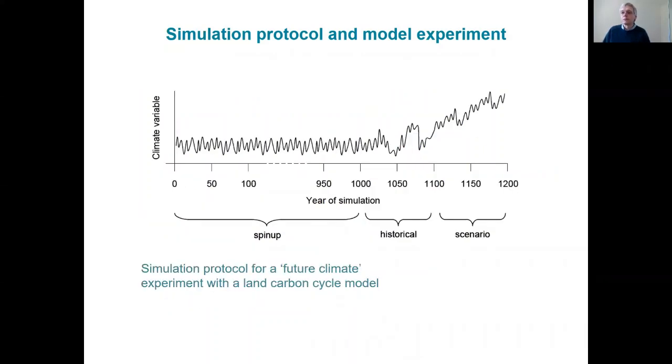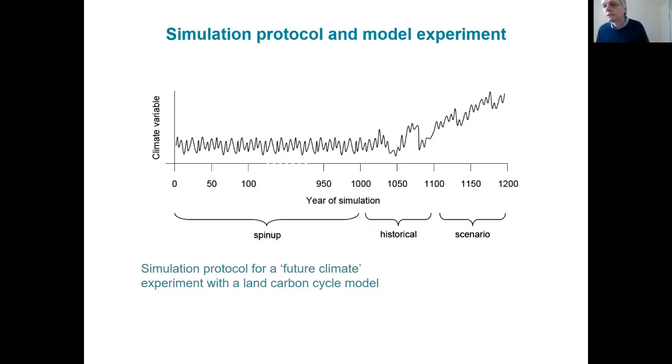And so, for example, we might set up a future climate experiment with an ecosystem model, a land carbon cycle model, something like this. We have a long spin up where we force the model with constant or recycled and trend-free climate data, environmental forcing data.